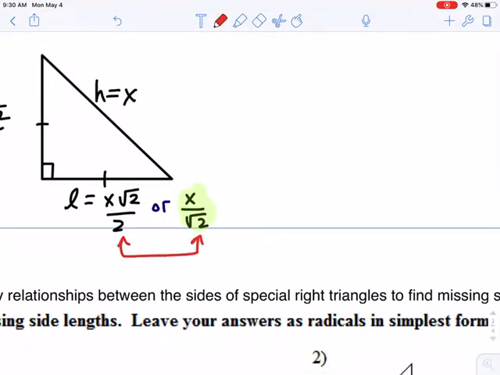Let's rewrite this. These are the same. This just has a radical in the denominator. This has a rationalized denominator. And we spent a whole day talking about that.